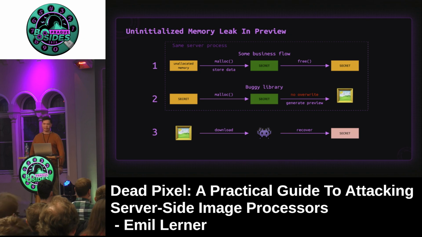No sane memory allocator would zero out memory after a free. So it may happen that the buggy library, the library that uses memory for image processing, would allocate the same memory block, and the bug is the library won't overwrite it before using. So it would use the same memory block for image processing and generate a preview containing the data that was in the newly allocated memory block. And it might be sensitive data. Then the attacker would see the preview, download it, and recover the data.